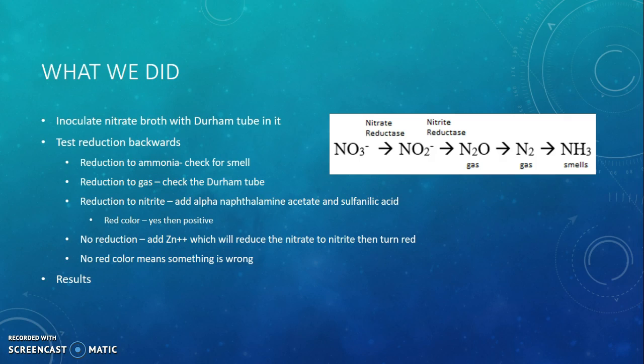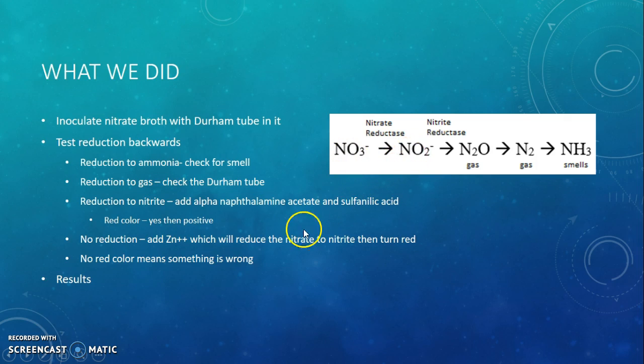I haven't done this in a while. But what you do is you want to always check yourself. So you're going to have a control tube, and you're going to want to add zinc to that control tube. All right. So what zinc does is it does the reduction of NO3 to NO2. So it does this reduction.